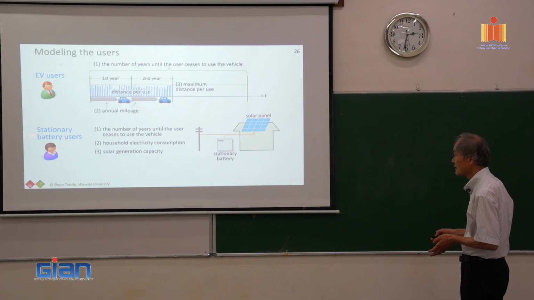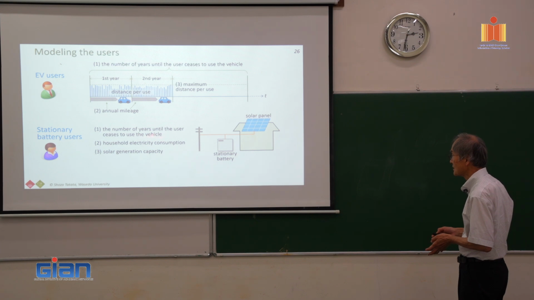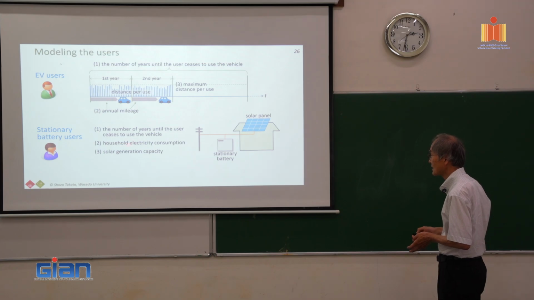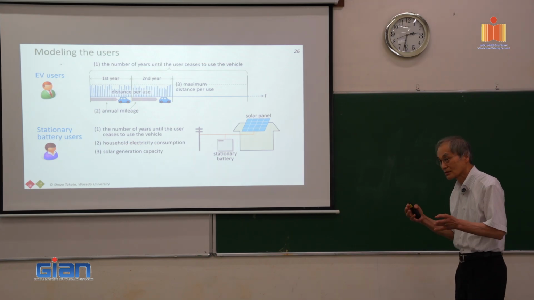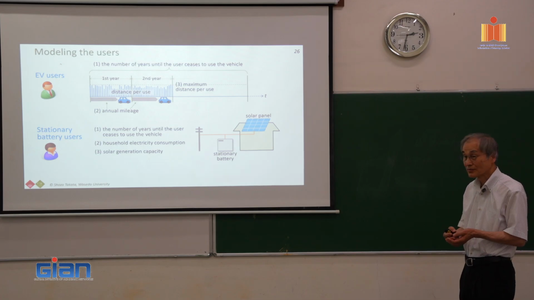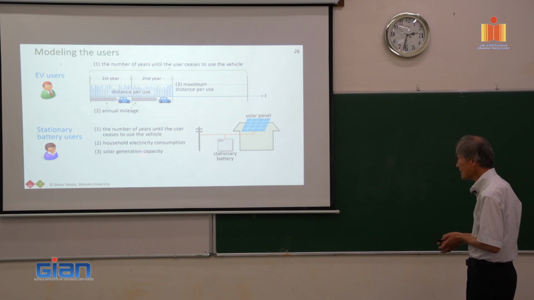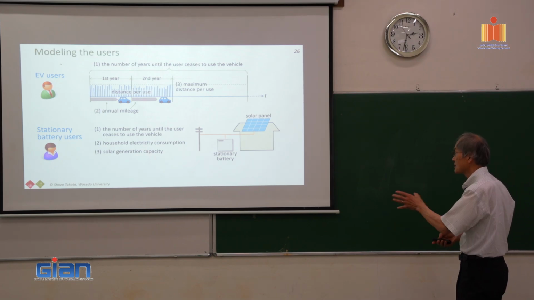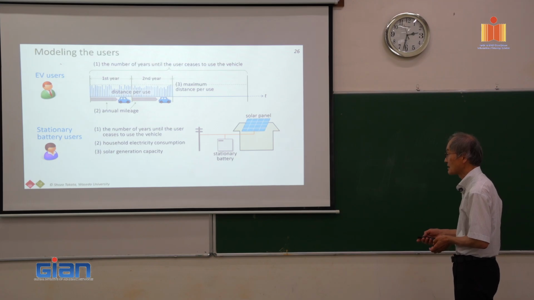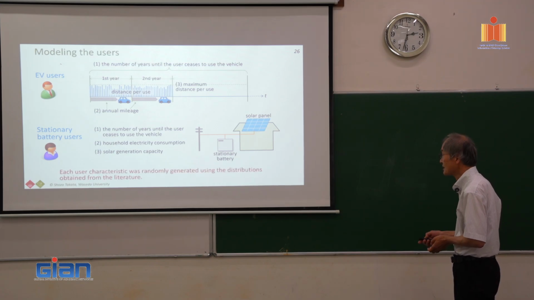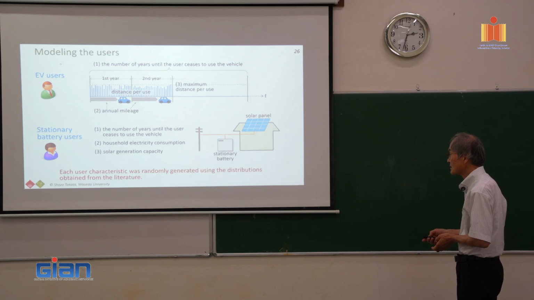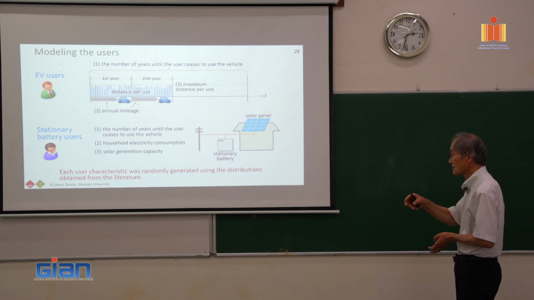On the other hand, for stationary battery users, there is the number of years until the user ceases to use not the vehicle but the stationary battery, household electricity consumption, how much electricity they need in their house, and solar generation capacity. And these are the characteristics of the users. And we collected data and distributions.